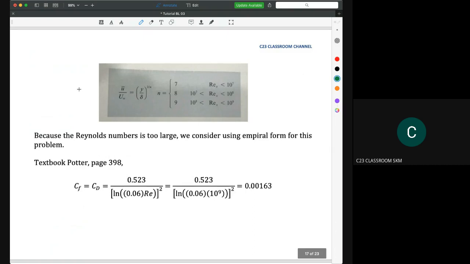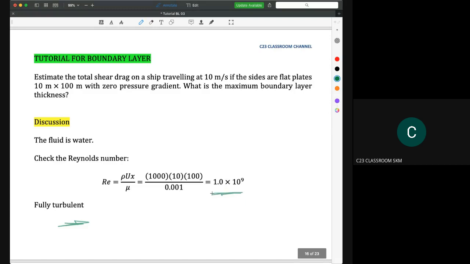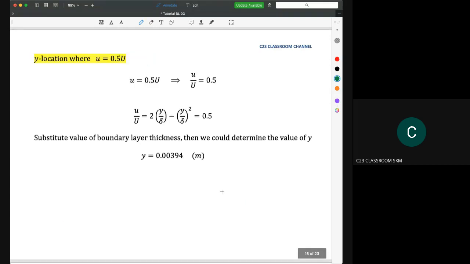You can see this table in my notes and also in the textbook. If it is less than 10 to the power of 7, we use 7, here we use 8, and here 9. But if you look carefully at the range, it is between 10 to the power of 8 and 10 to the power of 9. In our situation, we just have the maximum limit of this one.